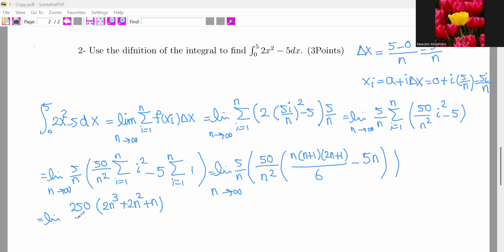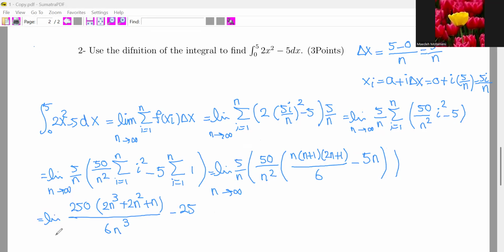And you would have for the denominator 6n cubed because we have n squared here and n here. Minus 25, because if you multiply 5 over n by 5n, 5 multiplies by 5 would be 25, and this one will cancel out.